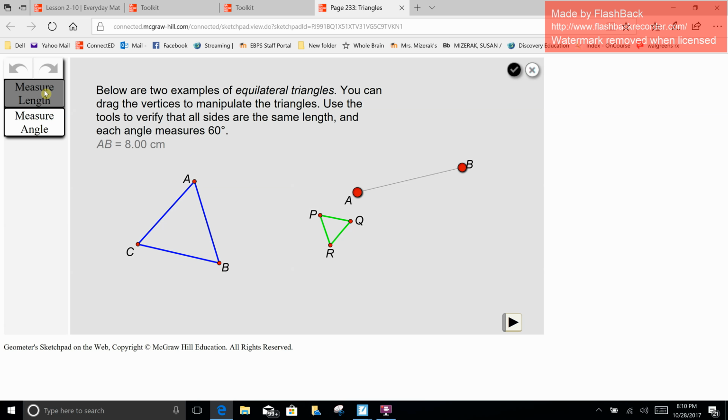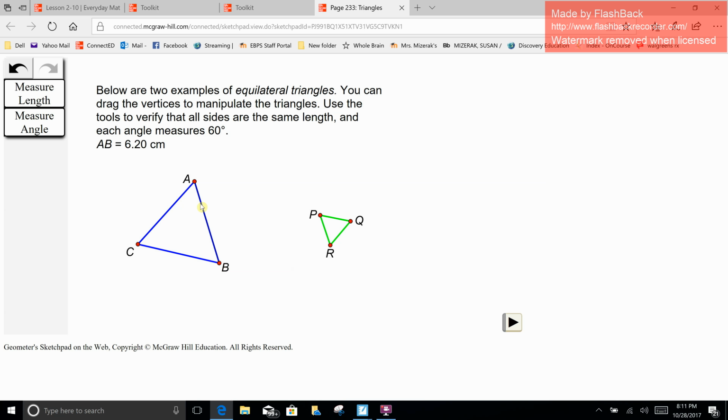So if I click on Measure Length, I get this tool over here. And I'm going to click and drag point A onto my triangle. And I'm going to click and drag point B onto the triangle. And the program is telling me that line segment AB is 6.20 centimeters.